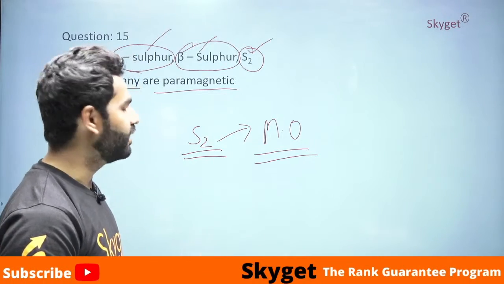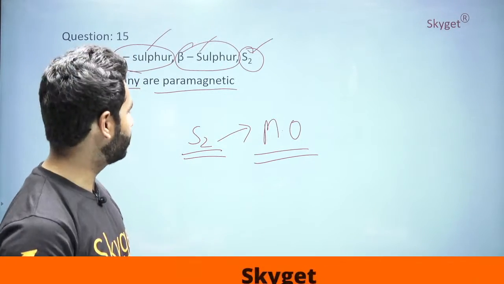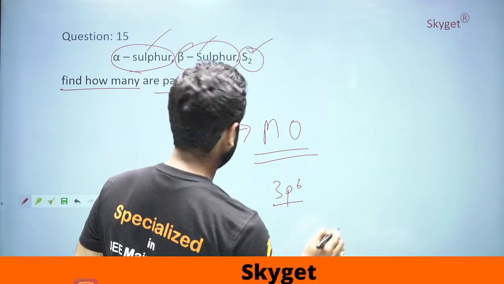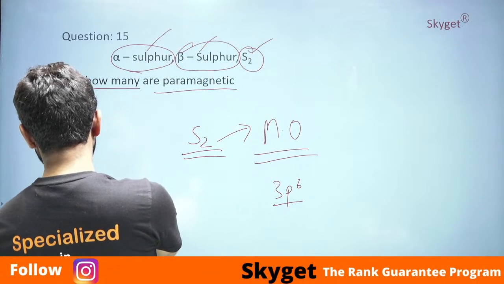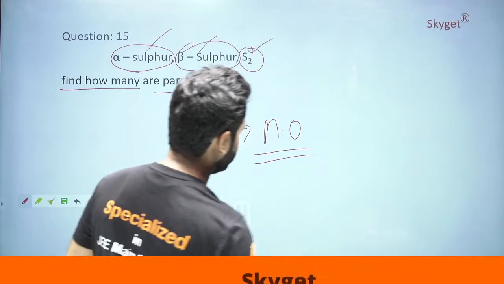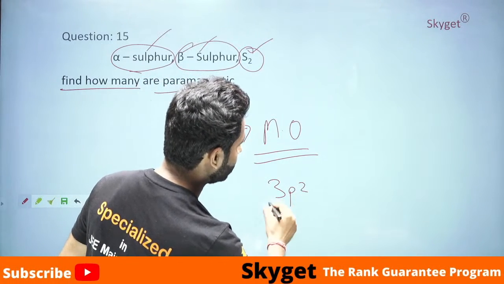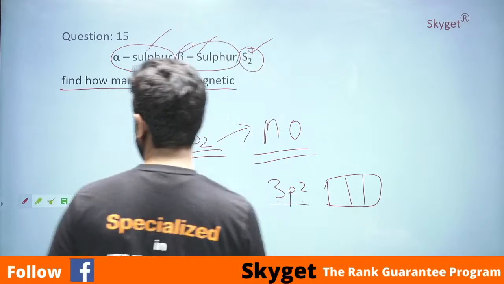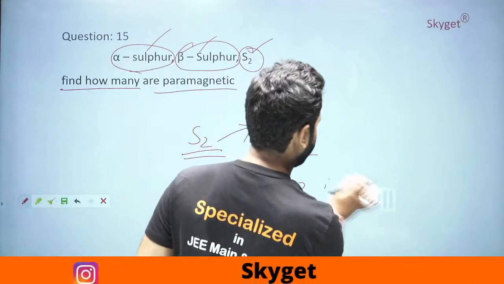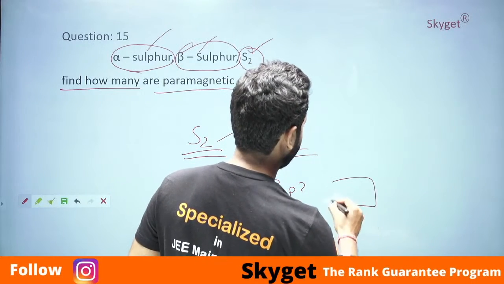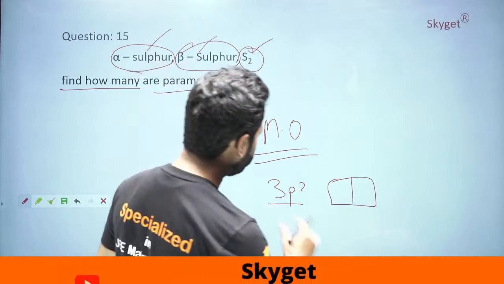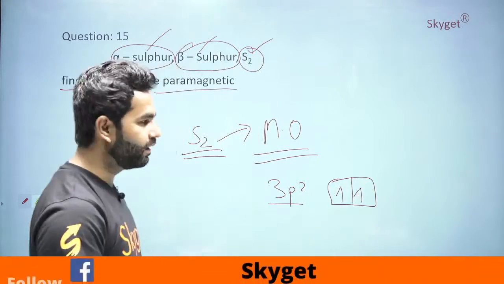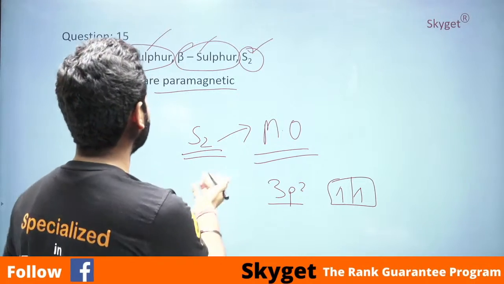The outermost electronic shell configuration of S2 is 3p2, having 2 unpaired electrons in its p subshell, in the bonding molecular orbital. Now these two electrons are what? Unpaired. So directly it gives the answer.